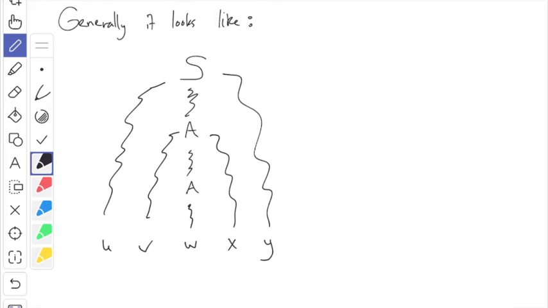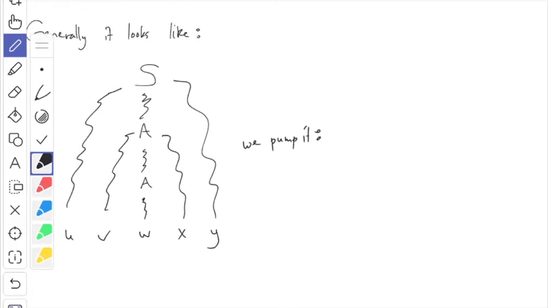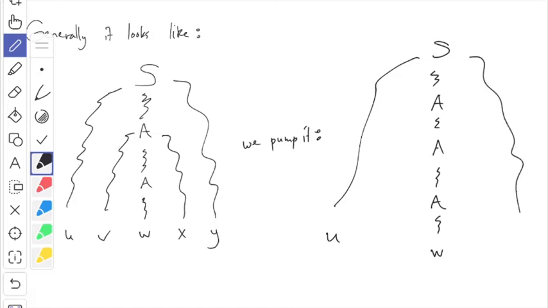And then if it looks like that, we pump it, and it becomes the same kind of thing, but it's going to have sort of an extra A in it, right? And then what does the string look like at the end? Well, the two sides of the S still generate U and Y, because I'm not modifying that part of the parse tree.